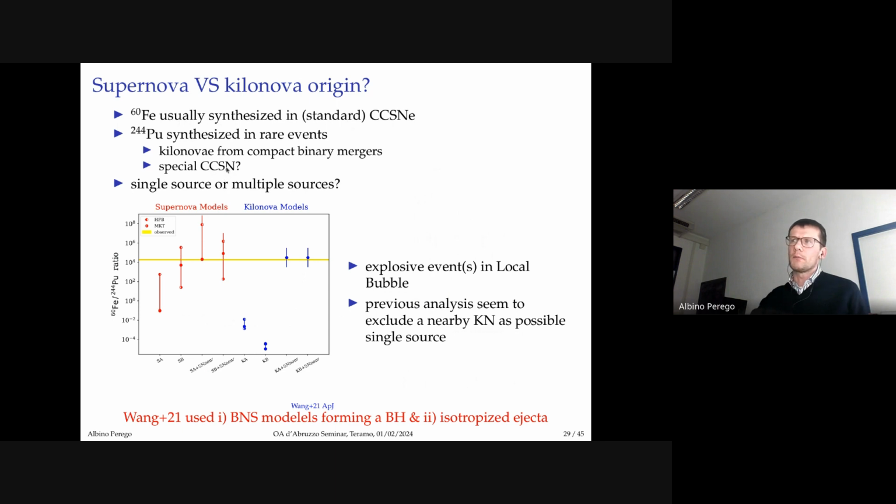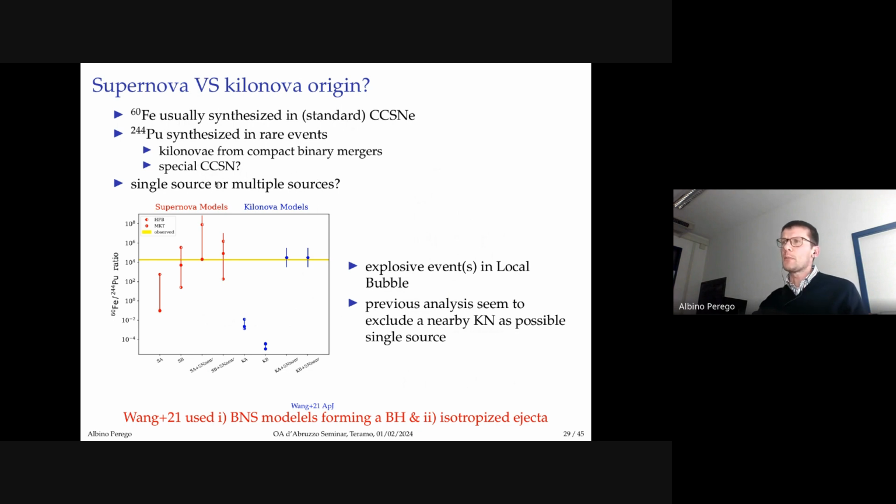This is actually much older than the problem of the plutonium in the deep sediment. Special classes of core collapse supernovae can solve many problems, but they are very speculative. We don't know if they exist. And so people started to ask, is it really possible to explain the iron and the plutonium at the same time, assuming a single source?